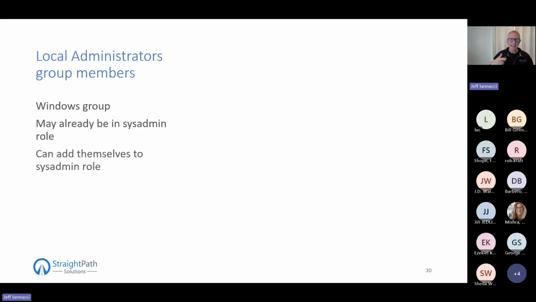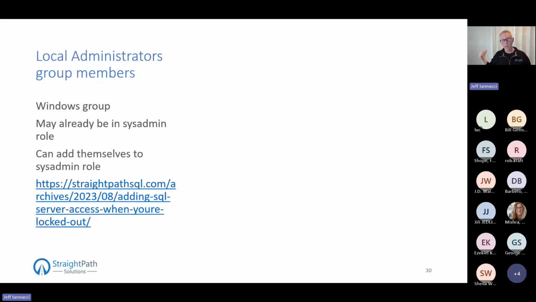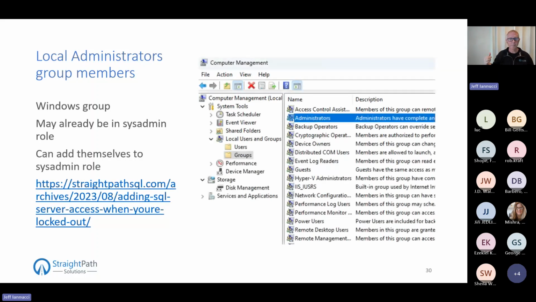But the thing is, members of this group can actually add themselves to the sysadmin role. So if someone compromises a login of an account of any kind that is in the local administrators group, well, my colleague, Mike Lynn, wrote a post that's linked here that shows you can actually add yourself to the sysadmin role and restart SQL Server.